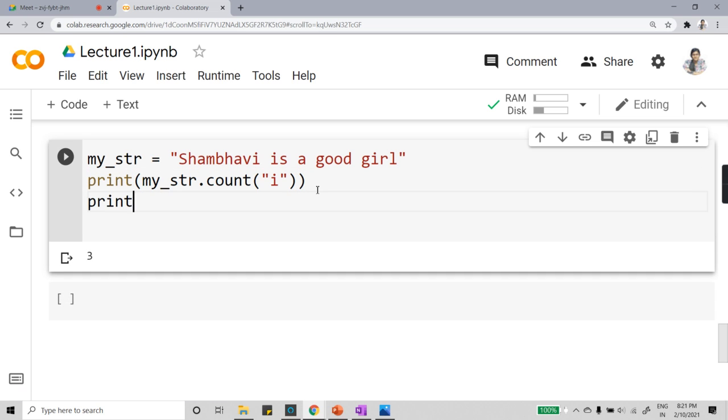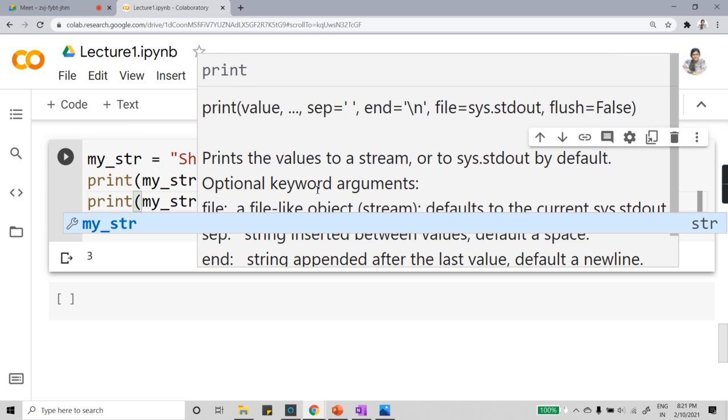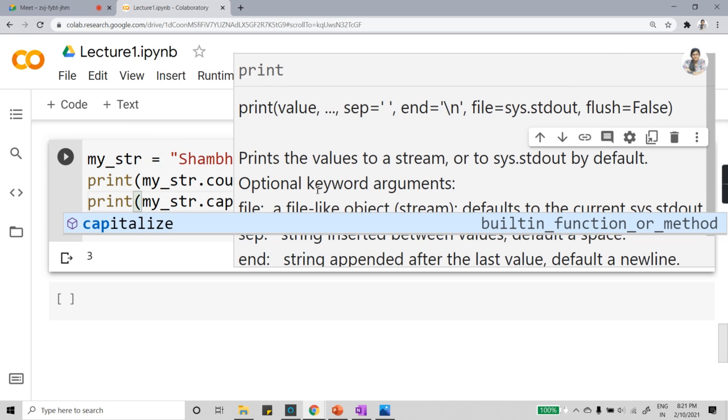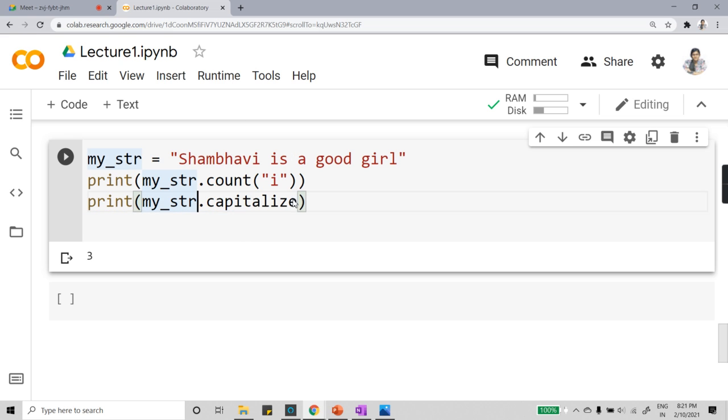Moving towards the next function, and that function is capitalize. Now just pay proper attention to this thing. Leave all the things you are seeing here and there and just focus upon what I'm telling you. Print my underscore str dot capitalize.